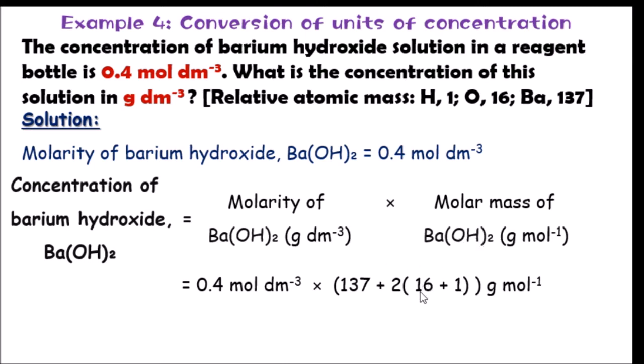So adding all together and times the molarity, you will get the final answer, 68.4 gram per dm cube. Always remember to write the unit. Concentration of barium hydroxide, Ba(OH)2, is equal to 68.4 gram per dm cube.